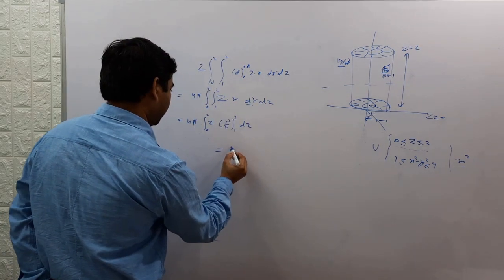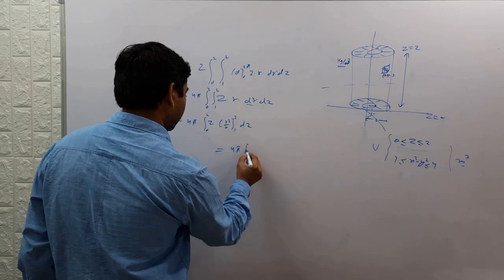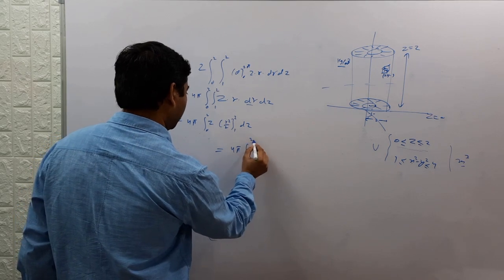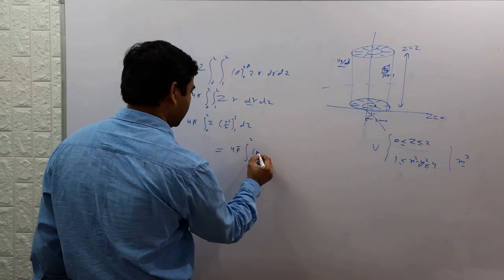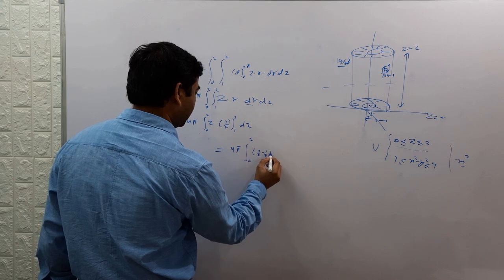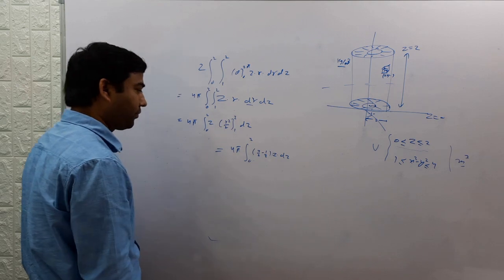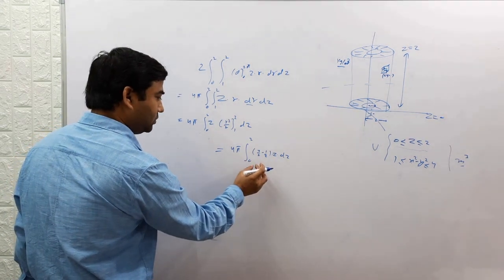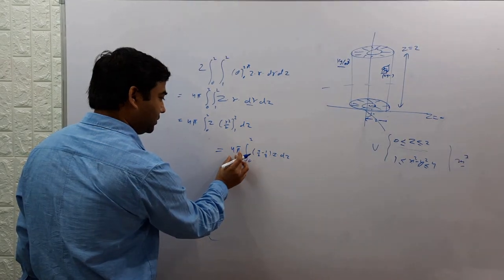So this can be written as 4 pi, 0 to 2, of (4 by 2 minus 1 by 2) into z dz. This is 3 by 2, which we take outside.